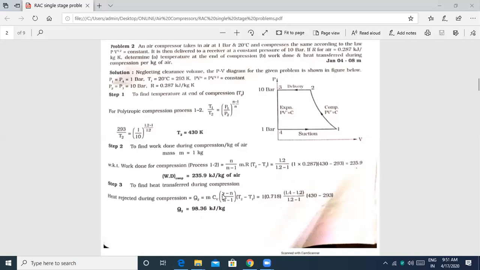Gamma is the adiabatic index, 1.4, minus 1, and n is 1.2, divided by 1.2 minus 1.